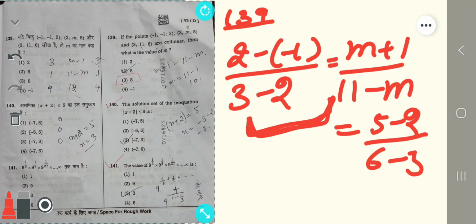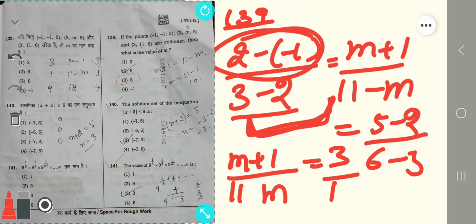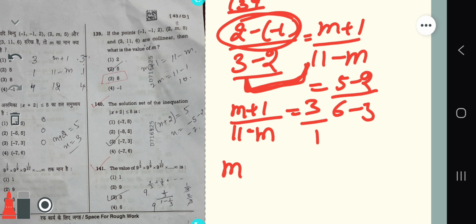So solving this, we will get m plus 1 upon 11 minus m equals, this will be 3 upon 1, right? So what we get? We get m plus 1 equals 33 minus 3m, cross multiply, right?